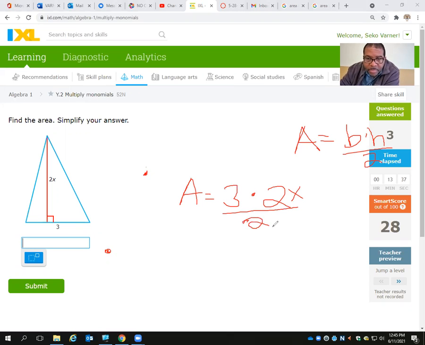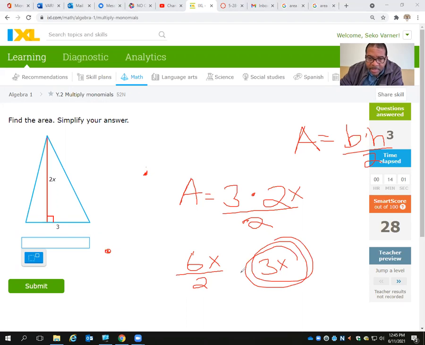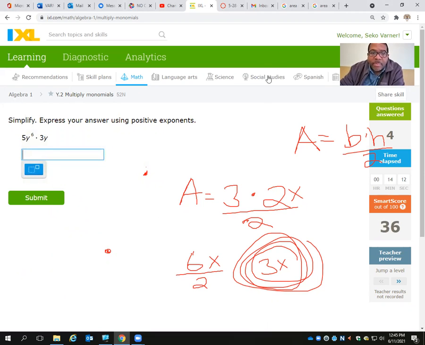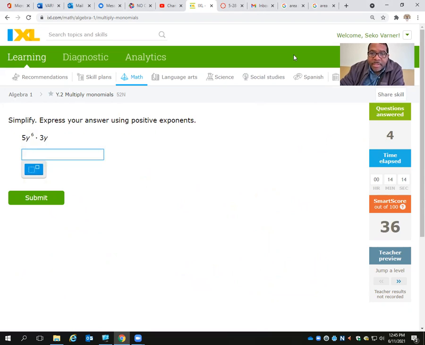So 3 times 2 is 6, so we have 6x divided by 2. So 6 divided by 2 would be 3x. So our answer should be 3x if I'm correct. Let's find out if I'm right or wrong. Correct. Beautiful. And so this one should be a little easy for everyone.